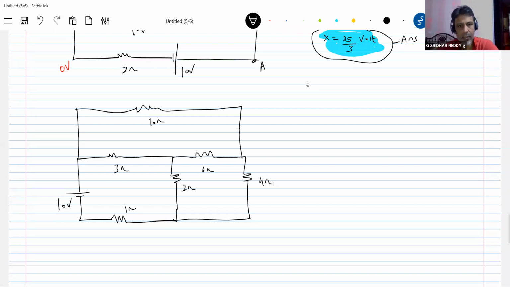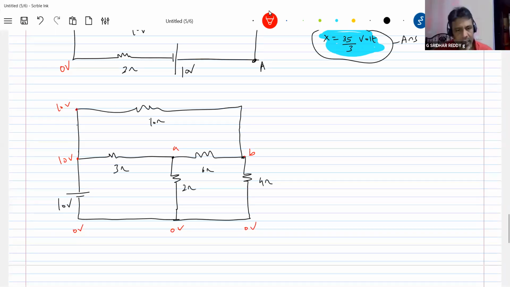You have to find out the potential at points A and B. Definitely this will become zero potential. There's no resistor here. This point will become zero potential. We can assume like this. We'll start with zero potential. Then as this is a cell, this should be 10 volt. Okay, fine. So this should also be 10 volt.